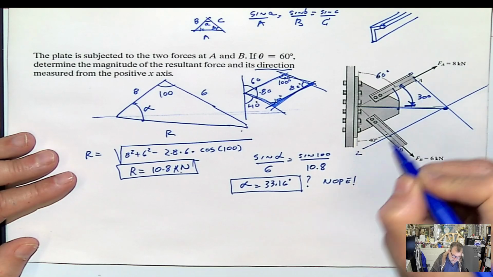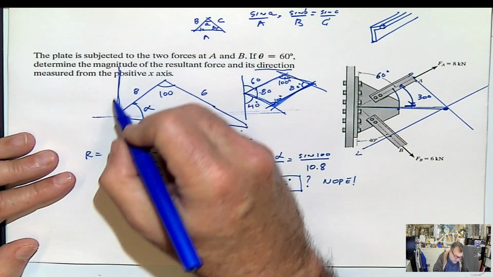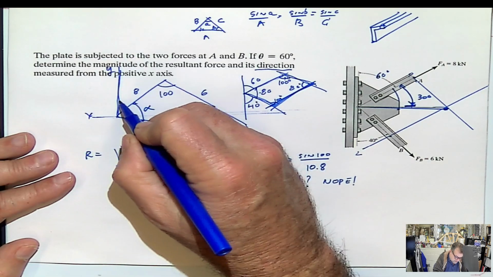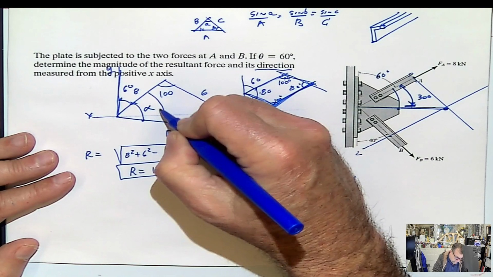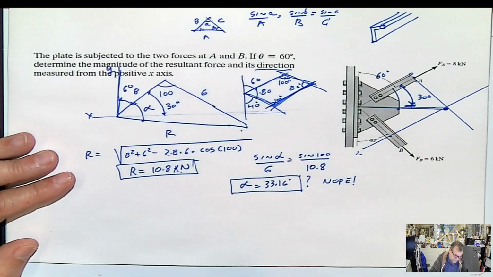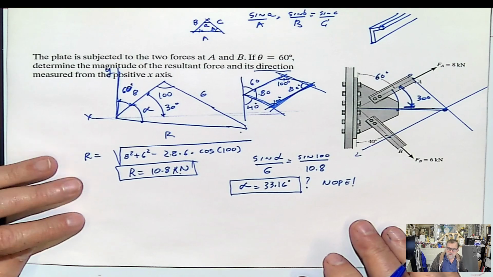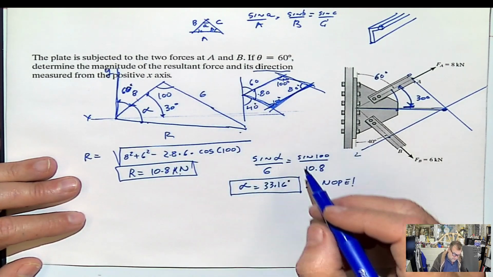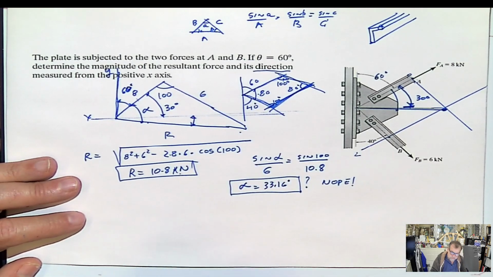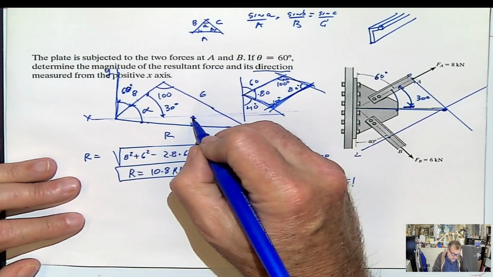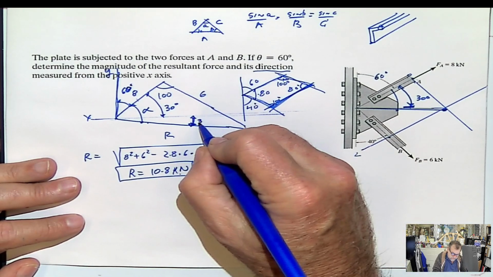Now I know that this angle is 30 degrees. Why? Because this angle here between the y and the x-axis is 60. That means that this angle is 30. Correct? And I know the total angle is 33.16. So that means that this little monkey jumping on the bed has to be 3.16.